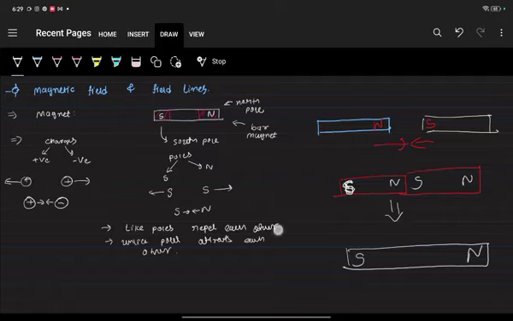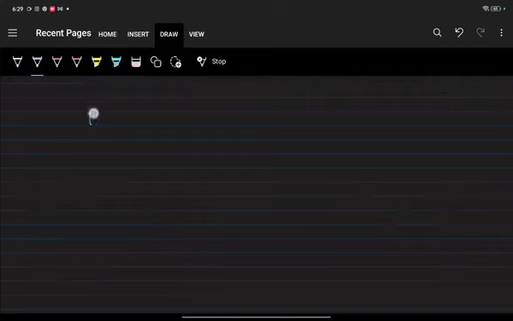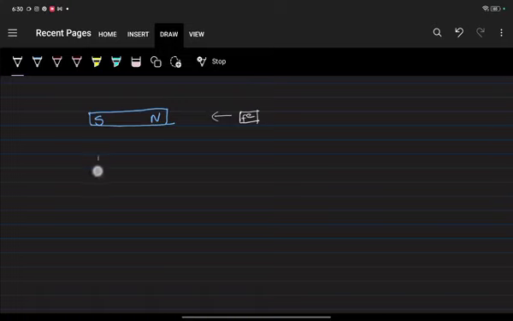Done. Yes. Now we all have observed that at some point, if you place a piece of iron nearer to the magnet, it attracts the iron piece and it sticks to the bar magnet. That is what happens, right?